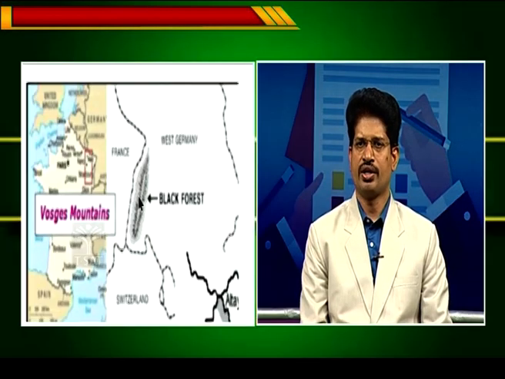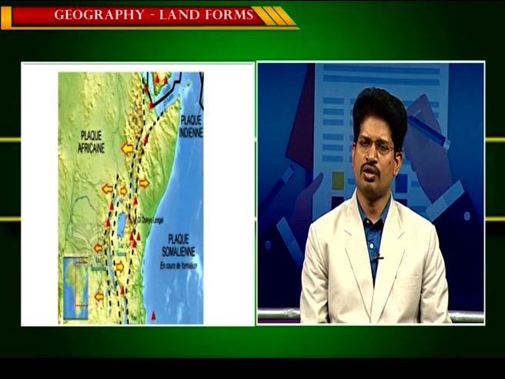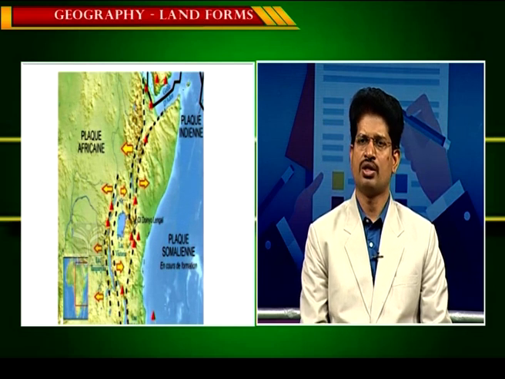The third variant type of mountains is volcanic mountains. Volcanic mountains are formed because of the solidification of lava. There is a difference between lava and magma, though they are one and the same.